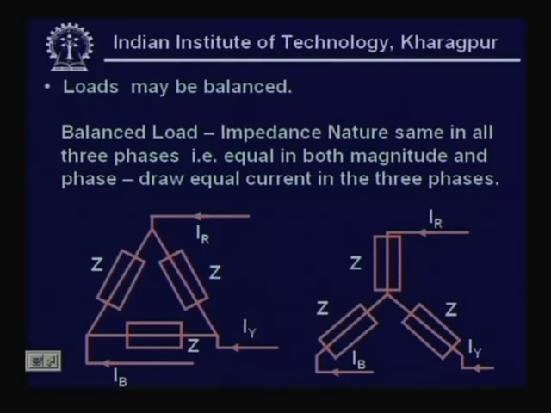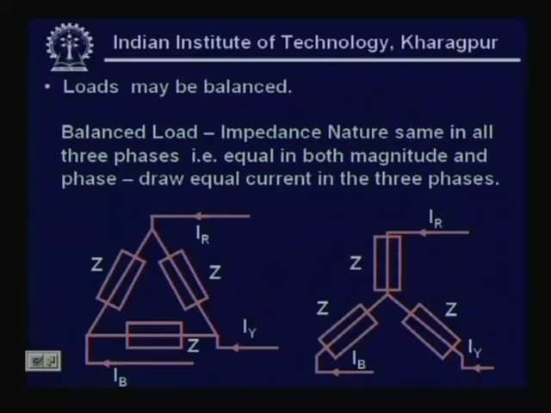See here, one presupposition has been there that system voltages are balanced. That means when you have a generator, you have identical coils and they generate equal EMF displaced in 120 degrees without any problem. So that has been assumed. As you can see in this diagram, for both delta and star, you will find that the magnitude of currents will be same in all the three phases, hence in all the three lines.